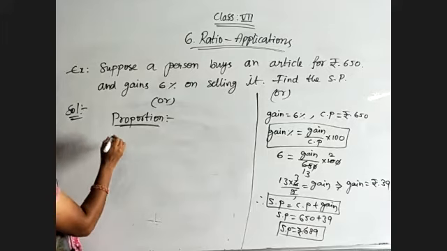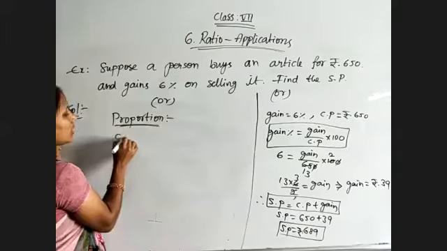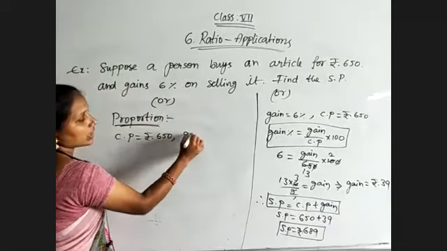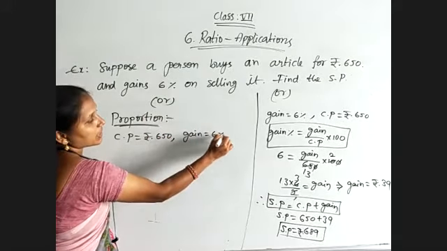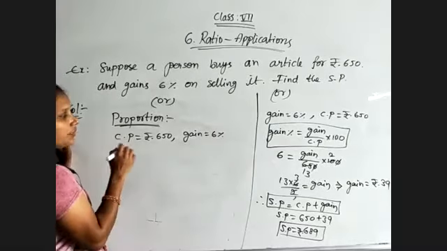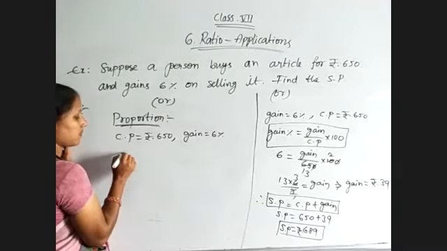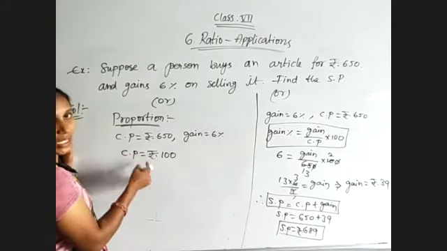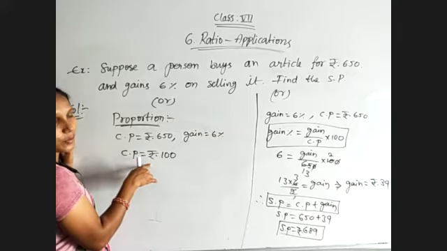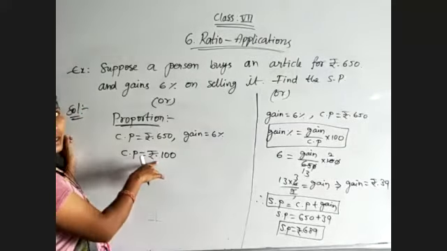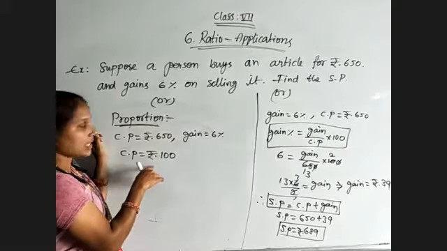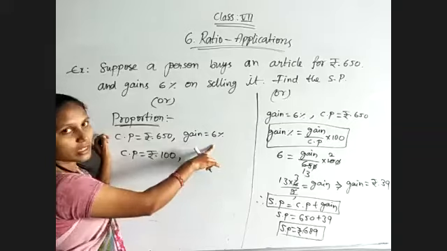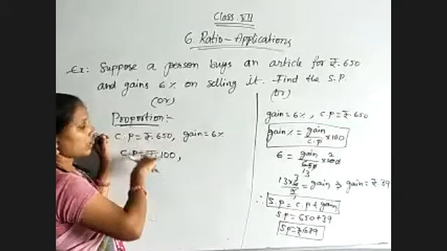See, here they have given CP equal to 650 rupees and gain percentage equal to 6%. Remember, in the case of proportion we compulsorily take CP as 100 rupees, because in terms of percentage we are calculating per 100 rupees. When CP is 650 rupees, gain percentage is 6%.